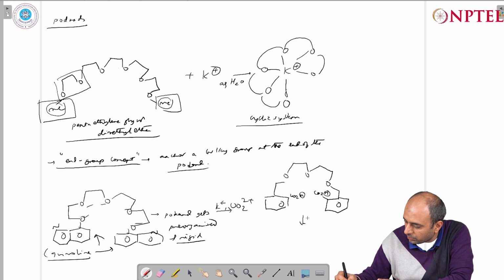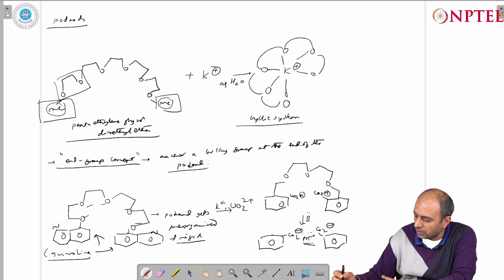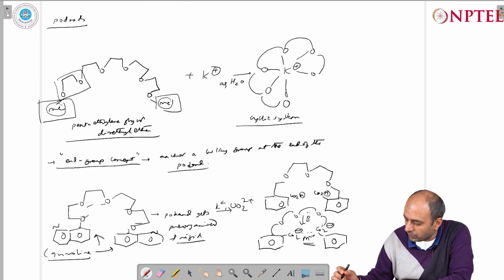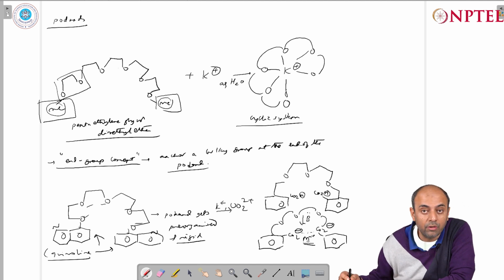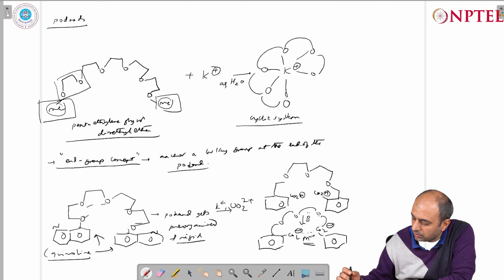So in the presence of a base, I can form the benzoate anion, and the benzoate anion can now participate in cation complexation along with the oxygen atoms as well. So you can have effective encapsulation now of this cation using the benzoate moiety as well as the three individual etheric oxygens.